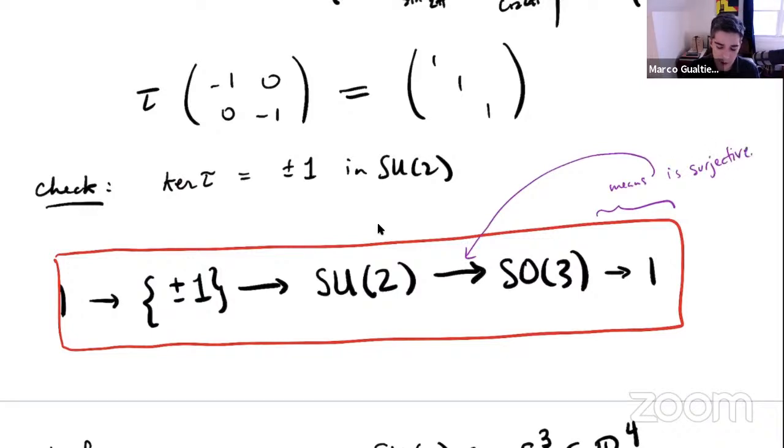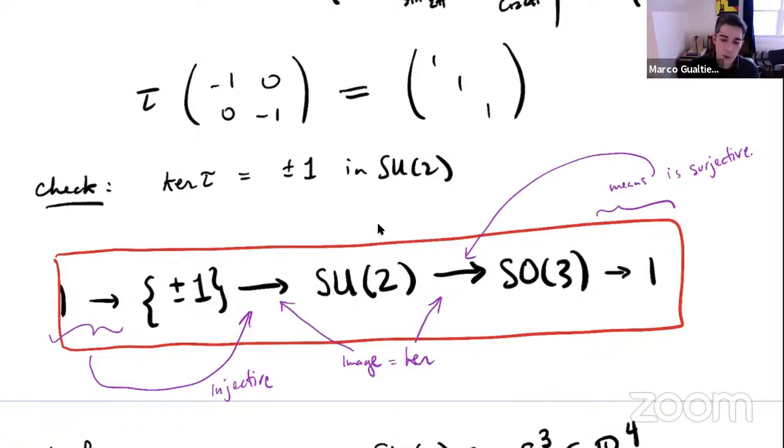And this here means that this map is injective. And the implicit claim is that the image of this map is equal to the kernel of this map.